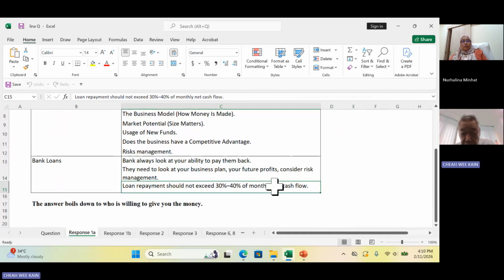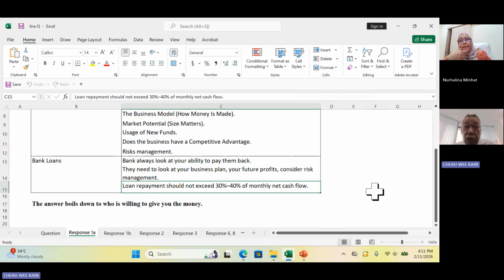It's not profit. It's the amount of incremental money that you receive in a month. Let's say, for example, you collected $100 and you paid off maybe $80, so you only have $20 balance. They will only give you, let's say, 40% of 20. That means you can only pay back $8.